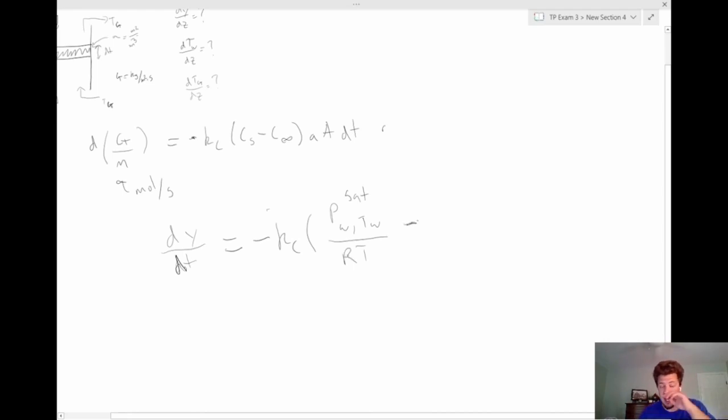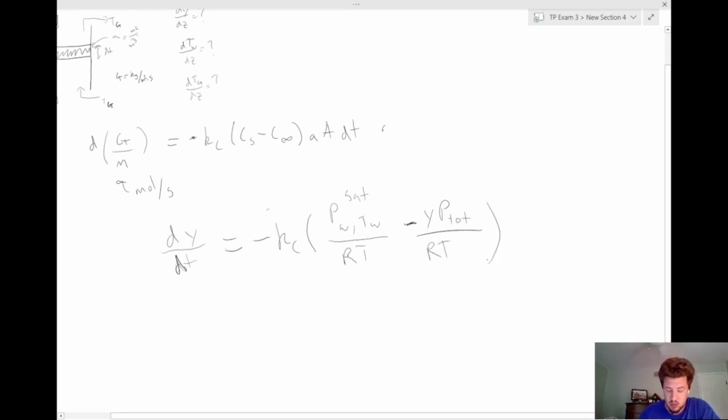And then we subtract this from the mole fraction of water times the total pressure over the gas constant times the temperature.